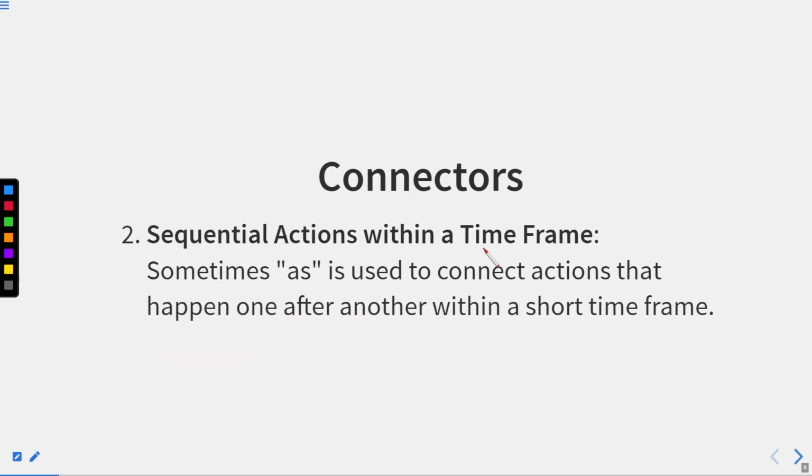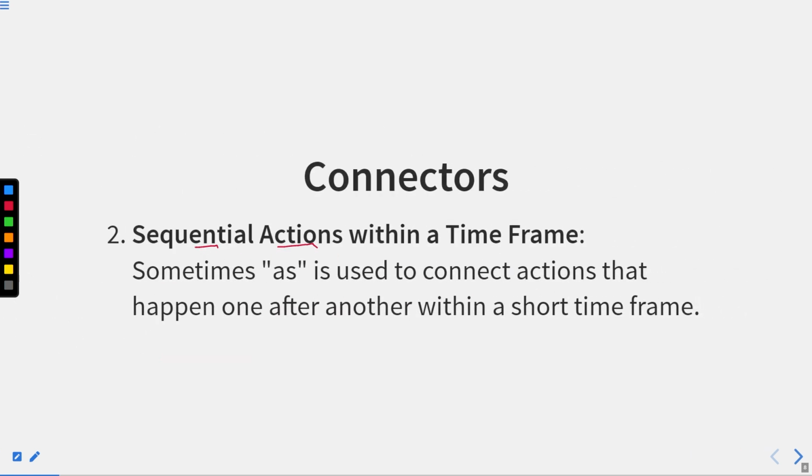Okay, now sequential actions within a time frame. Sometimes as is used to connect actions that happen one after the other. Now as can be used to show two tasks which are occurring parallelly, or you can say simultaneously, at the same time. But it can also connect two actions that are occurring one after the other in a sequence.